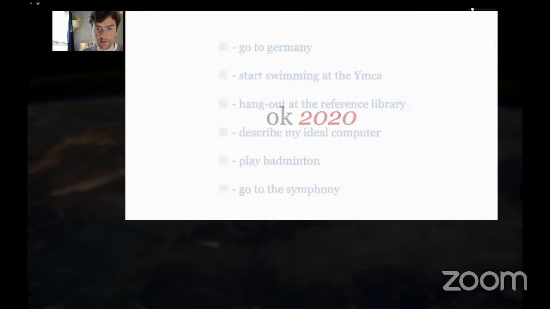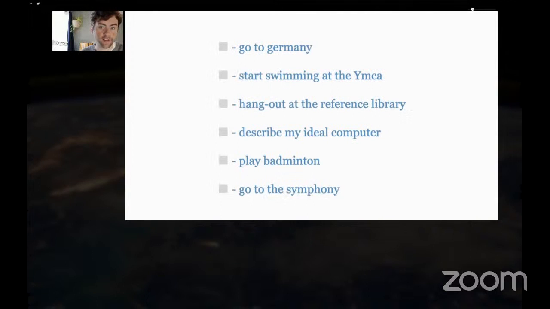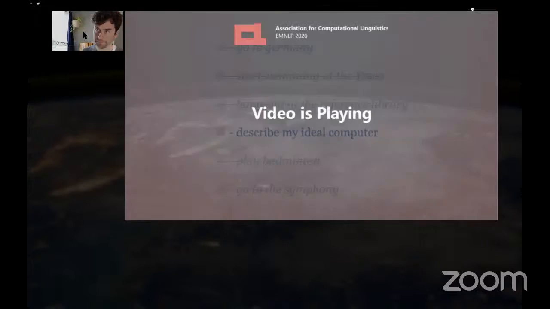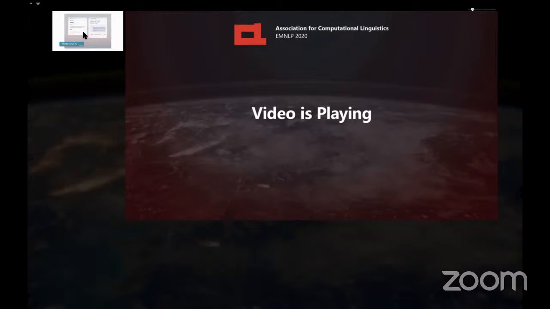So I am a believer in New Year's resolutions. This year I had all these ambitious plans. Sorry, I think I just want to describe in a positive way what my dream computer would look like. A few years ago, Jason Wan did this, Mercury-OS, which is really nice.